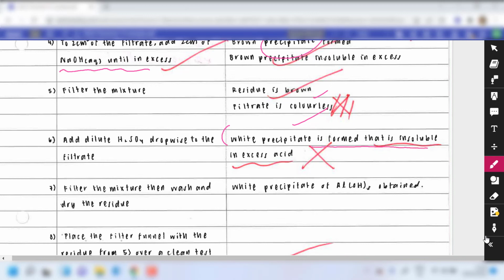But the white PPT you are getting is aluminum hydroxide, which is definitely soluble in excess acid. So you have to be a bit careful here. Even if you are very careful and you try to filter, you can actually try it in a real practical situation, you don't get much PPT, because that particular precipitate is in a very awkward position.